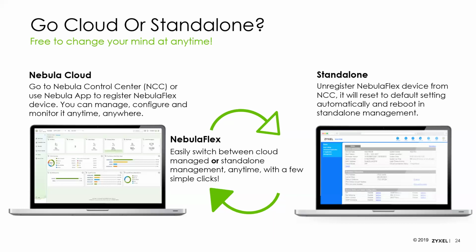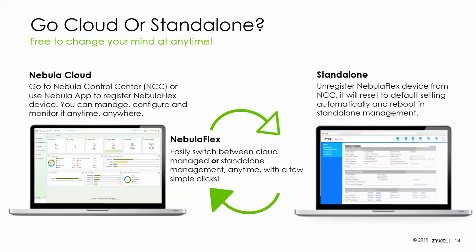The hardware, every few minutes, will check the Nebula cloud, and if it sees that you now want to manage it in Nebula, it will automatically reboot itself into Nebula mode and download the configuration from the cloud. So there's nothing you have to do on the hardware itself. You simply log into Nebula, add the device, and it will automatically put itself into cloud mode.